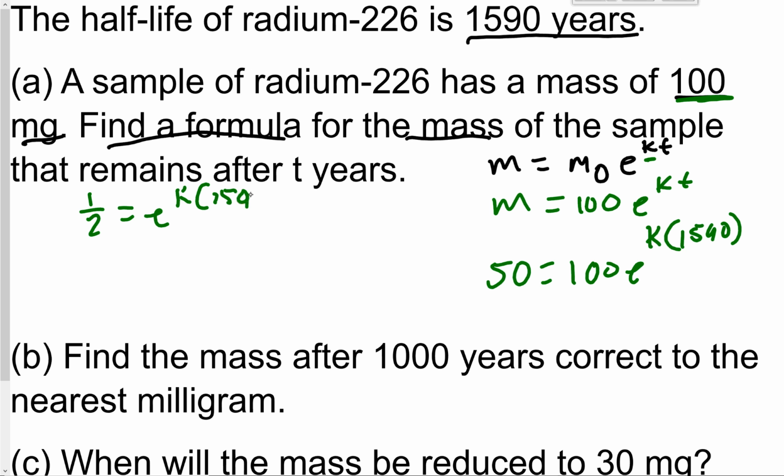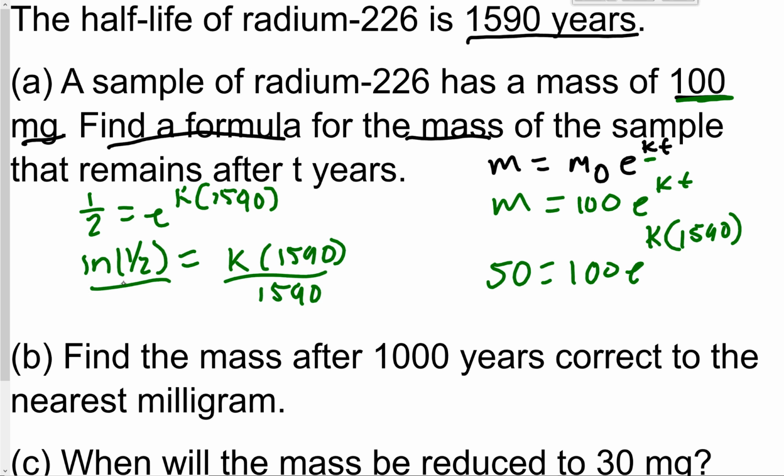And now we're just solving this exponential by taking the log of both sides. So ln of 1/2 is equal to, if I take the ln of this, I'm just going to get k times 1,590, and divide by 1,590. So this will give me my relative decay rate, my k. So I type that in, and my k turns out to be, I could leave this in there and that'd be more accurate.